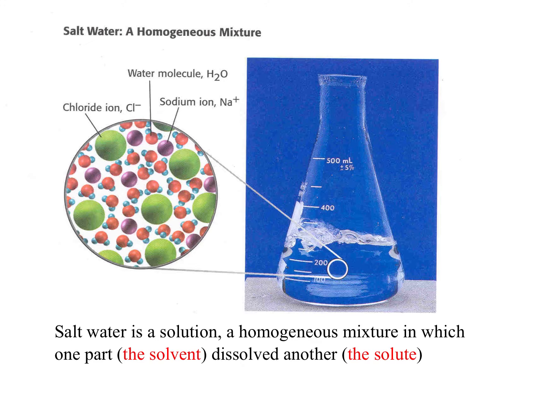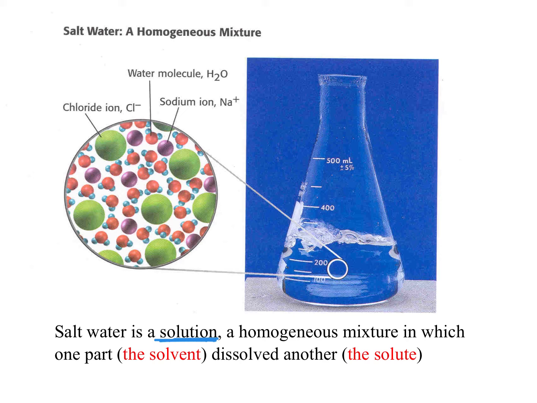Salt water is a homogeneous mixture, and it is an example of one of our vocabulary words. It's a solution. What is a solution? It's a homogeneous mixture, by definition, in which one part, which we call the solvent, dissolves another. It's called the solute.